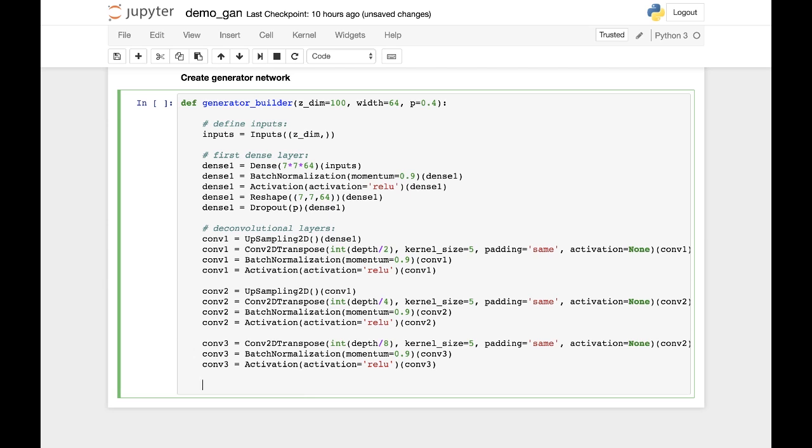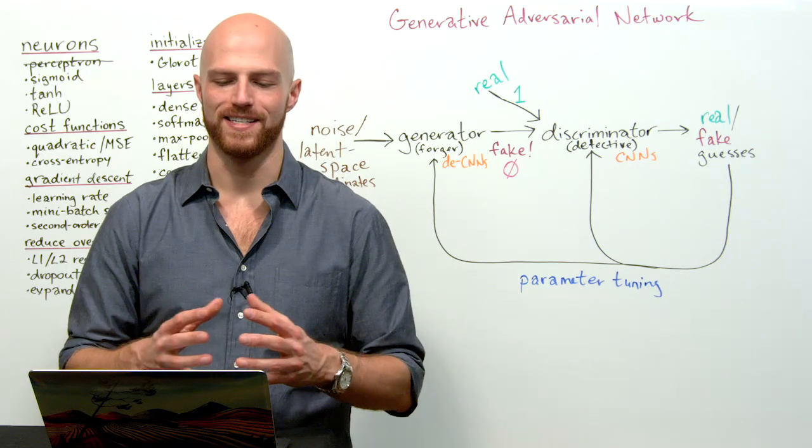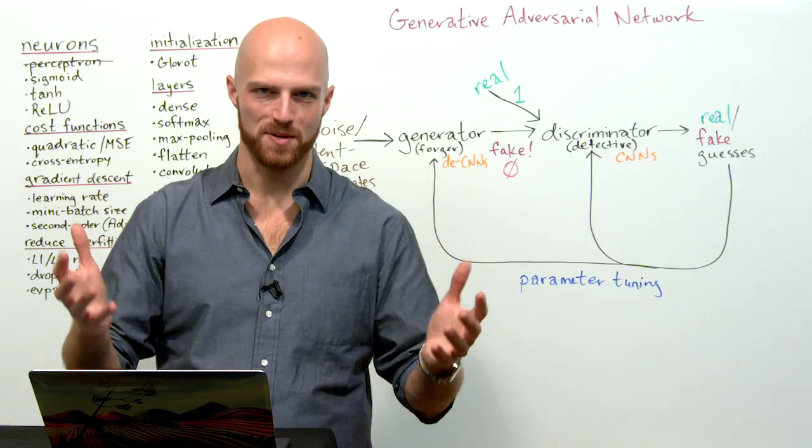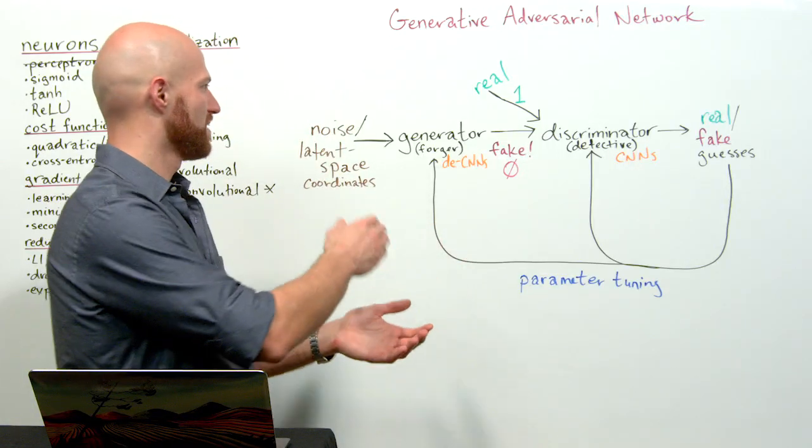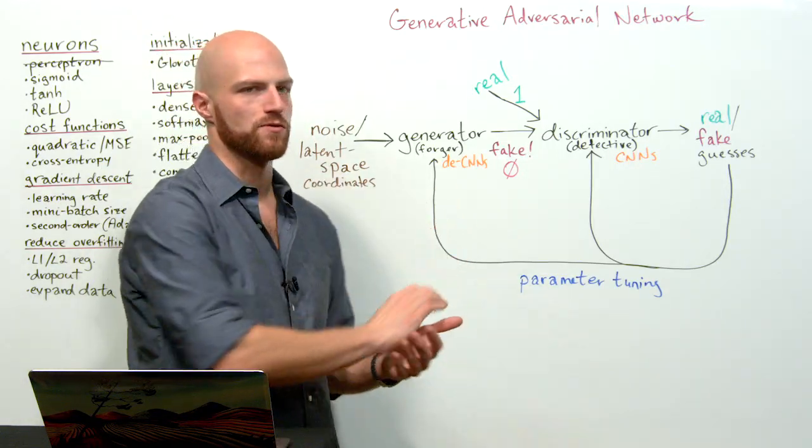And then our final layer is a convolutional layer. This convolutional layer has a single neuron. The idea here is that we have a single image for each instance of noise that we pass through the generator.